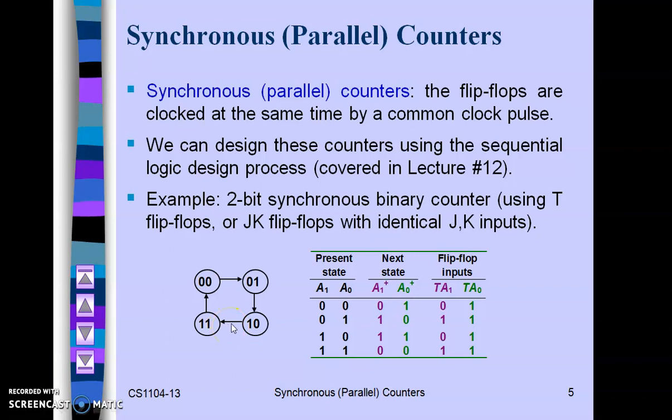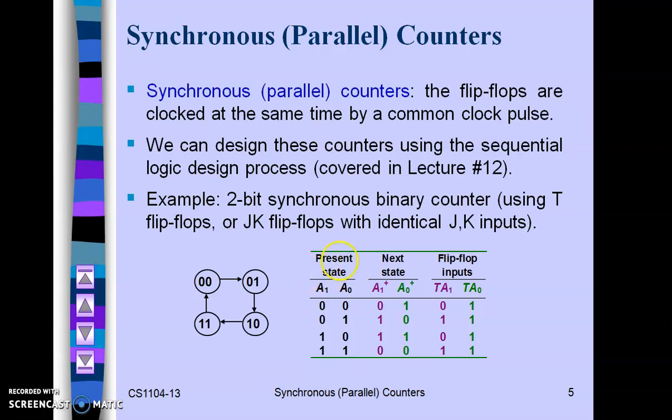Here the major difference between the synchronous and asynchronous counter is that we should find out the input logic in a synchronous counter, because the clock is provided simultaneously to all flip-flops. Already we know, as per the excitation table, what exactly the output is.